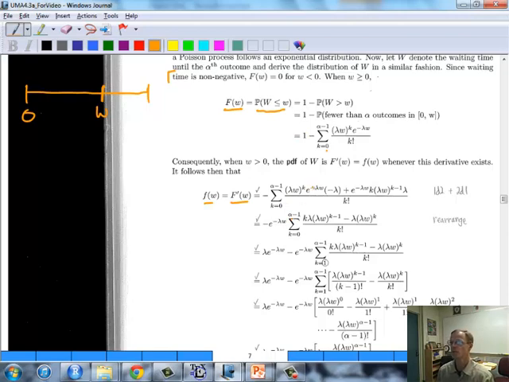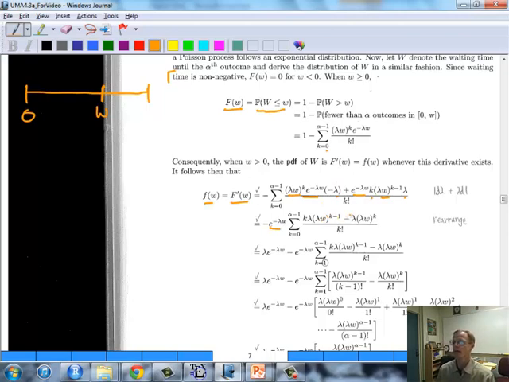Next move, let's see, we're going to factor out e to the minus lambda w. Pull that out here. Okay, and then I've got, let's see, we're going to move this term in front, k times lambda w to the k minus 1. We're going to put this term second. We've got lambda w to the k here. And we're putting the minus in front.